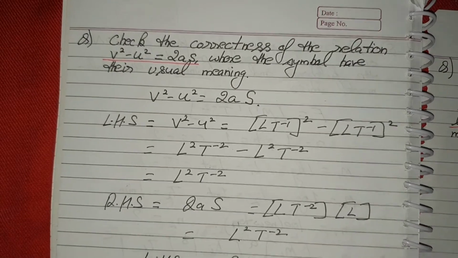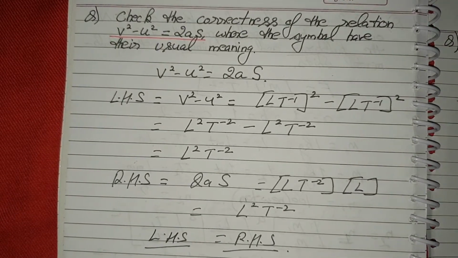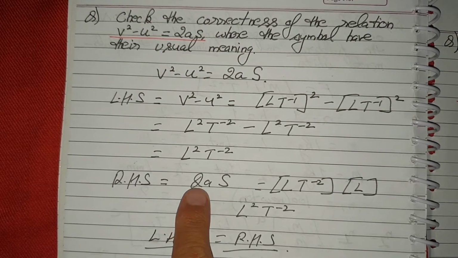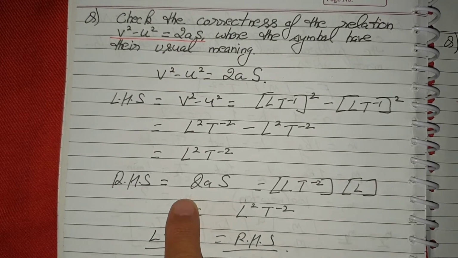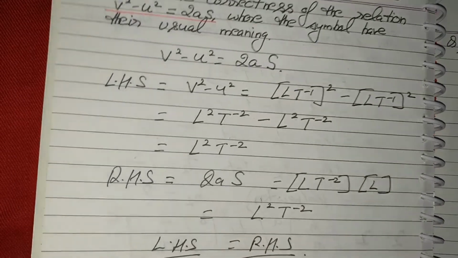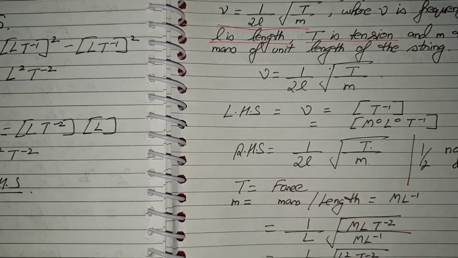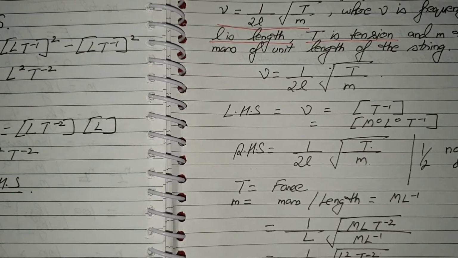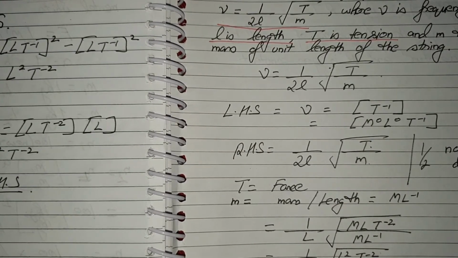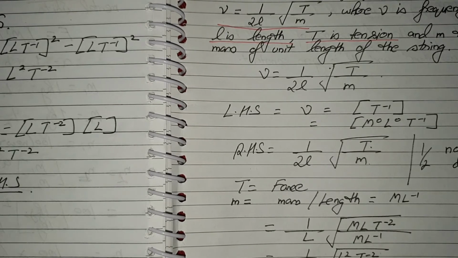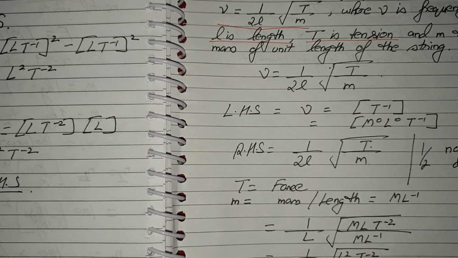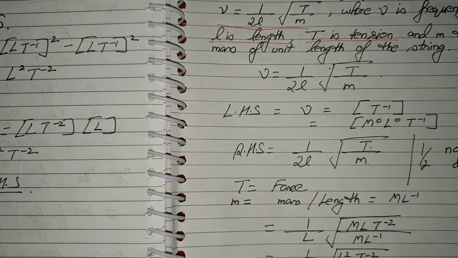This is because of the limitation of the dimensionless constant. For example, here we have 2. We cannot write any dimensions for 2. Again, in the previous example, here it was 1 by 2. Because of these dimensionless constants, this is the limitation of the dimensional equation. So a dimensionally correct equation need not actually be a correct equation. But yes, a dimensionally incorrect equation is a wrong equation.